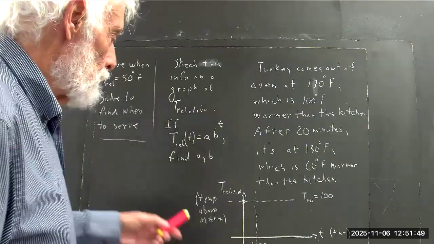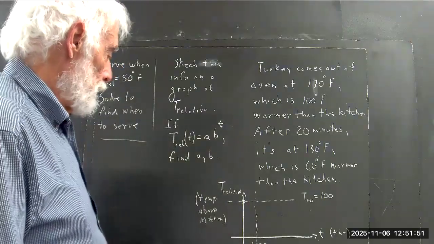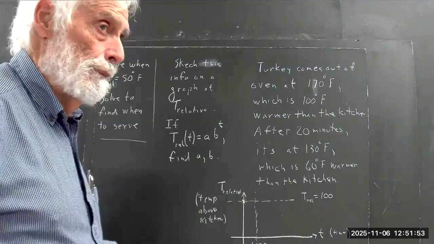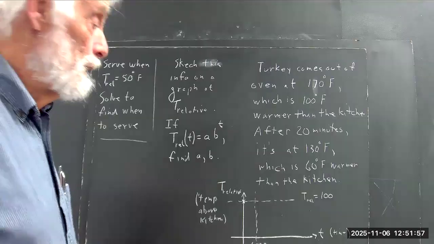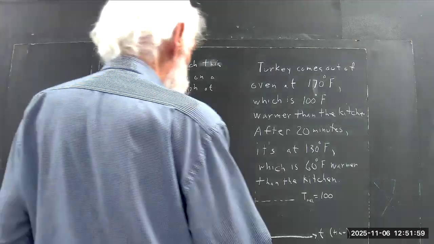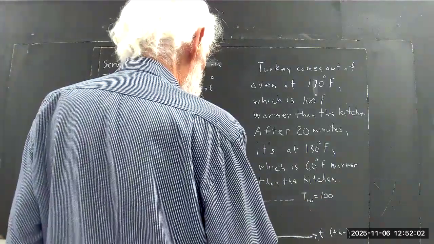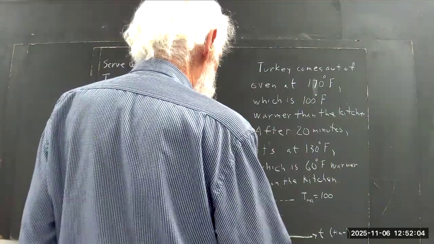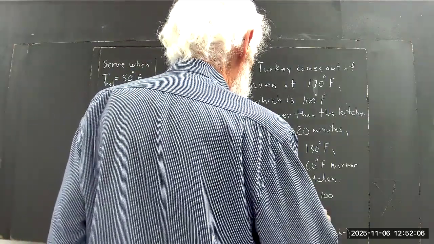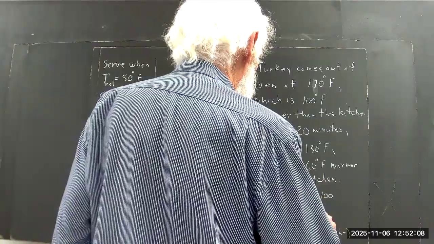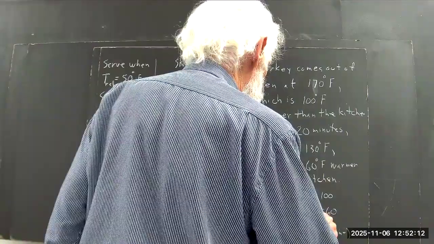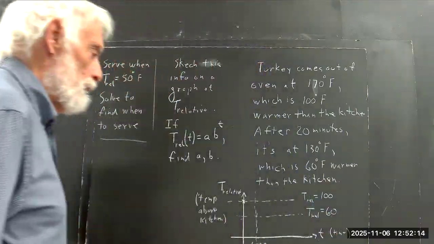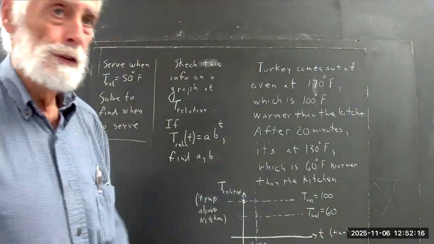And then we'll figure out where to put the point for T equals 20. Well, I'm going to give you that much also. There's 100, 50 would be here, 60 would be about here, because I've told you that the relative temperature at T equals 20 is 60 degrees.